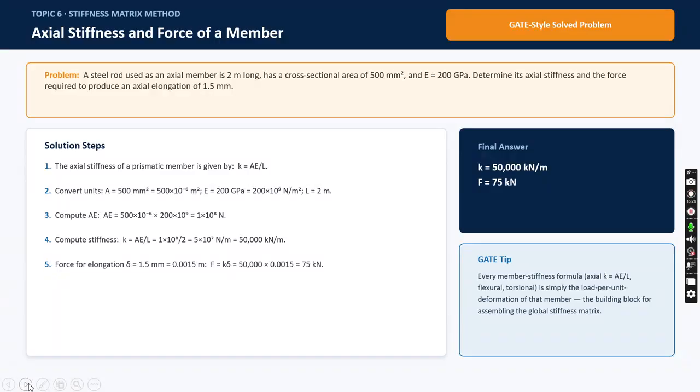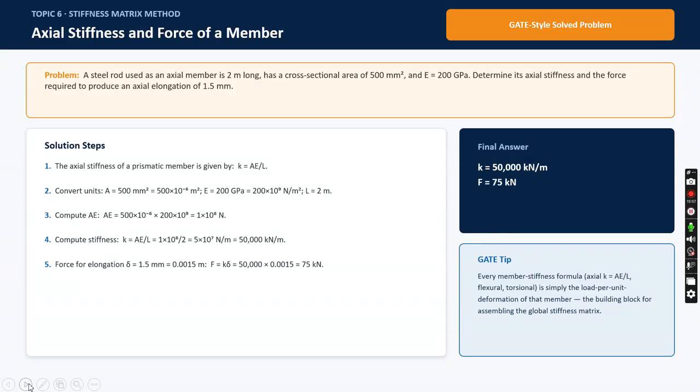Next, E is equal to 200 GPa, you can write it as 200 into 10 to the power of 9 Newton per meter square. And L is equal to 2 meter. Compute AE, just multiply A into E. You will get 500 into 10 to the power of minus 6 into 200 into 10 to the power of 9. You will get 1 into 10 to the power of 8 Newton. And compute stiffness, which is given by AE by L.